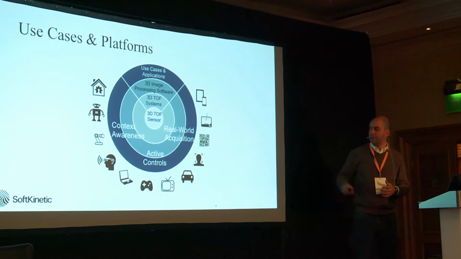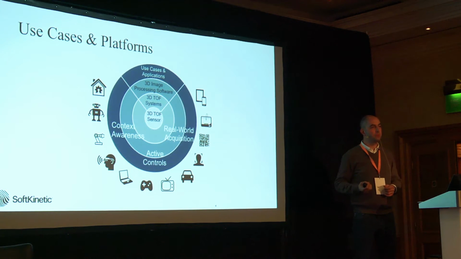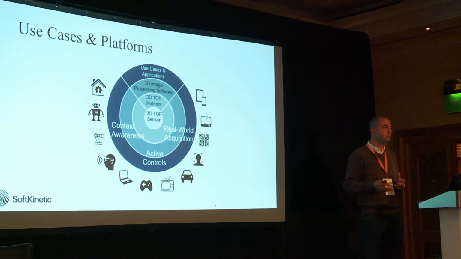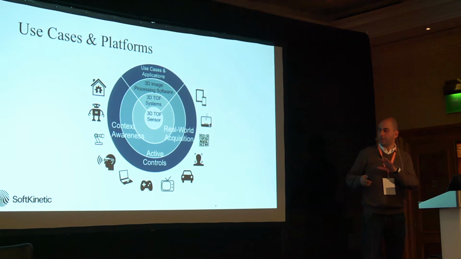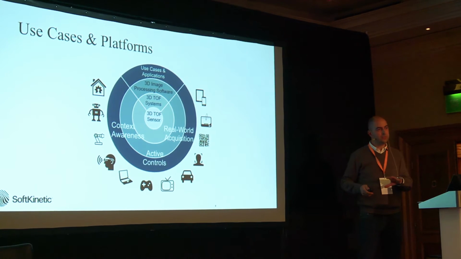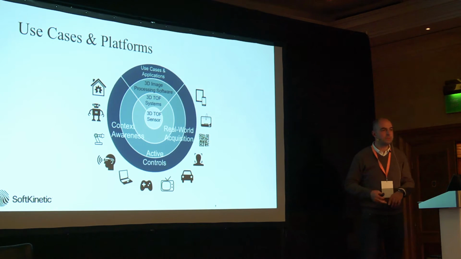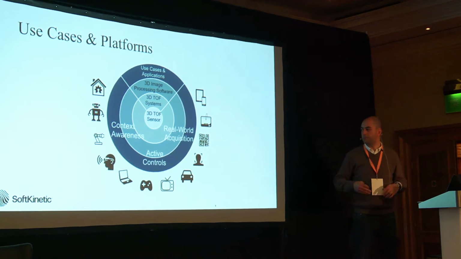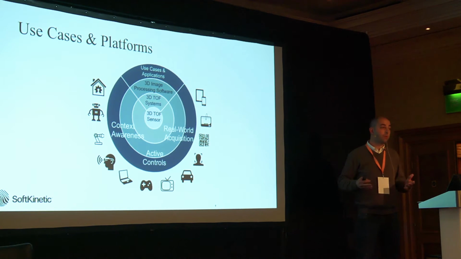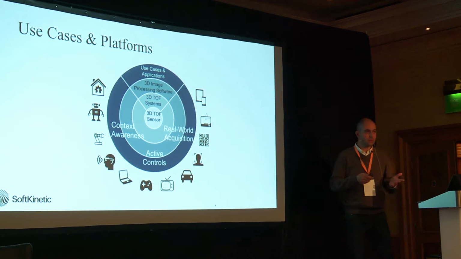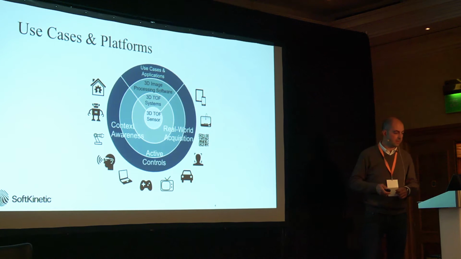And then the third category that we call real-world acquisition is basically everything related to 3D scanning, so really data capture from the scene, reconstructing objects, rooms, persons, etc. You can use that technology in a lot of different platforms: in cars, in TVs, in robots, in drones, in computers. And of course also on VR and AR HMDs. And that's what we are going to talk about today.